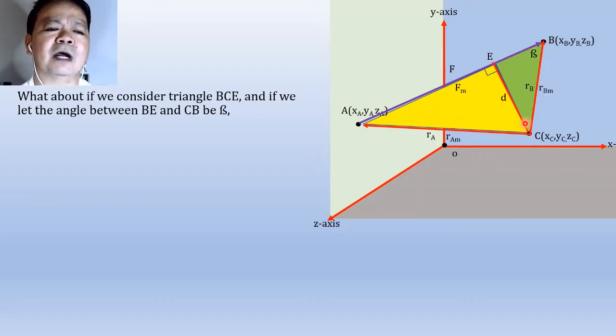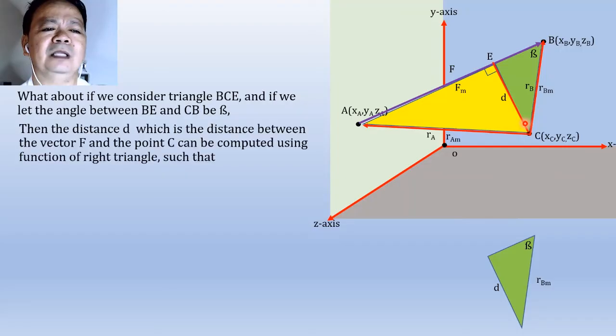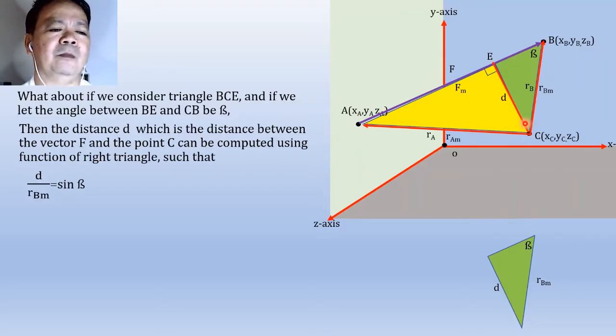Now let us try to isolate the triangle and redefine those angles as beta, this side as RBM, and the opposite of beta as D. And again, since this is a right triangle, the distance D, which is the distance between the vector F and the point C, can be computed using the function of a right triangle, so that the ratio of D over RBM is equal to sine of beta.